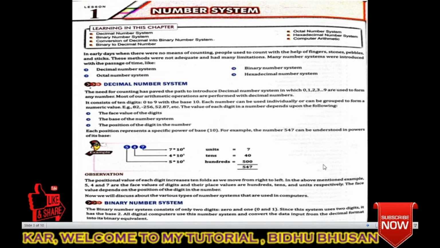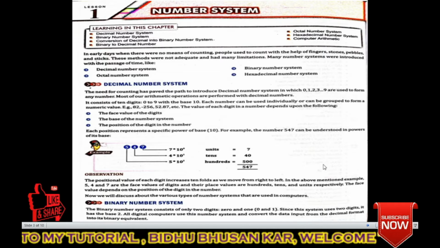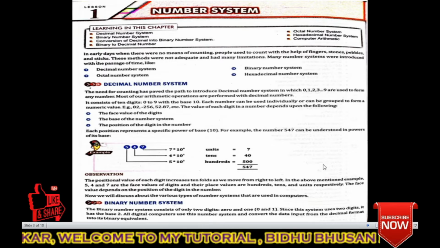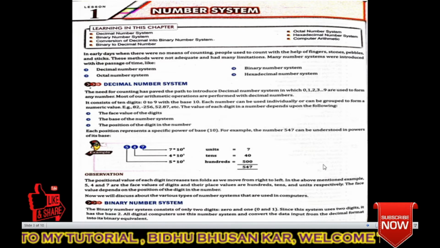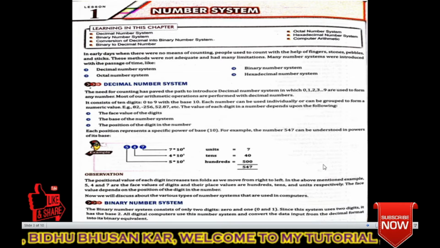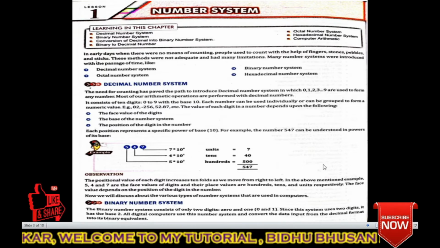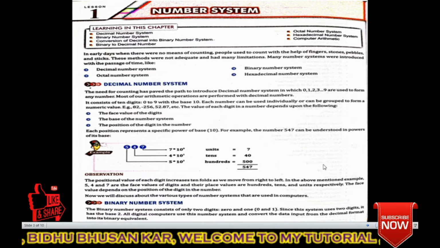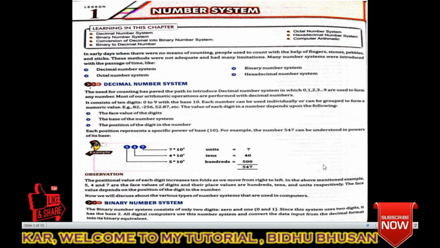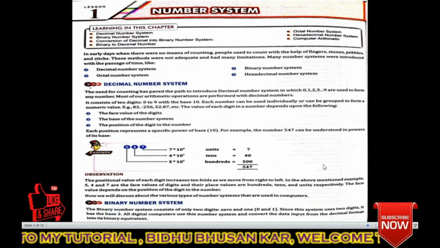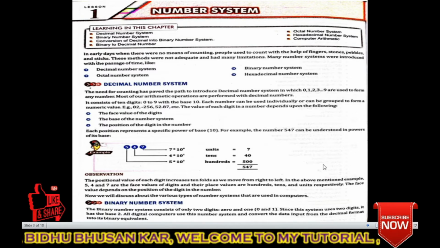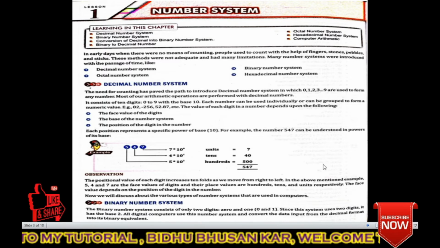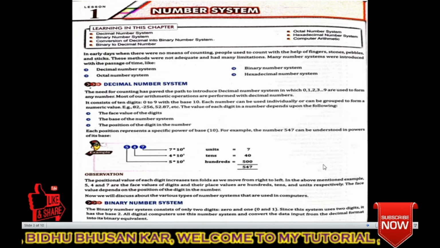So if you enter the data in decimal form into the computer, suppose you write 100, the computer doesn't understand what 100 is. So the computer will convert the decimal number into its binary equivalent. Then the computer will understand that 100. We will read how to convert decimal to binary, then binary to decimal. Understood?